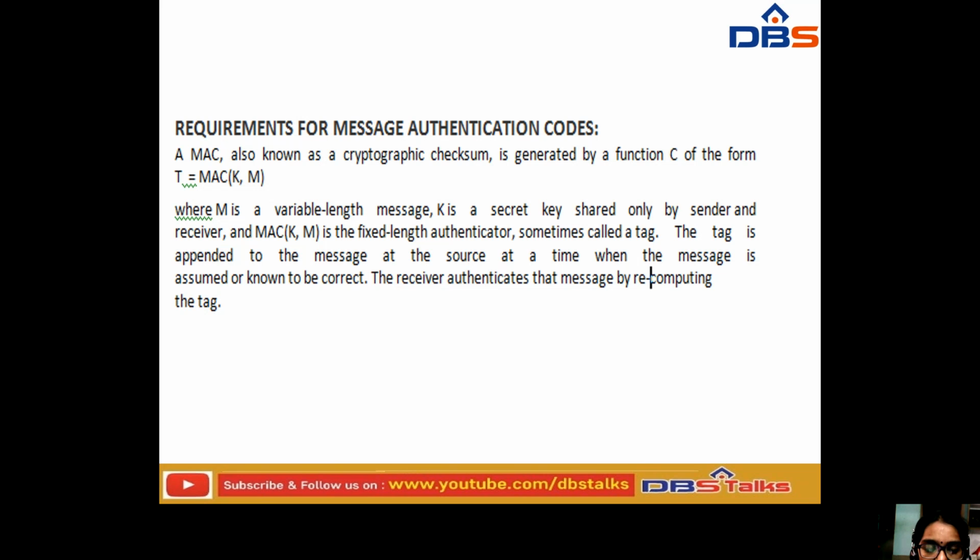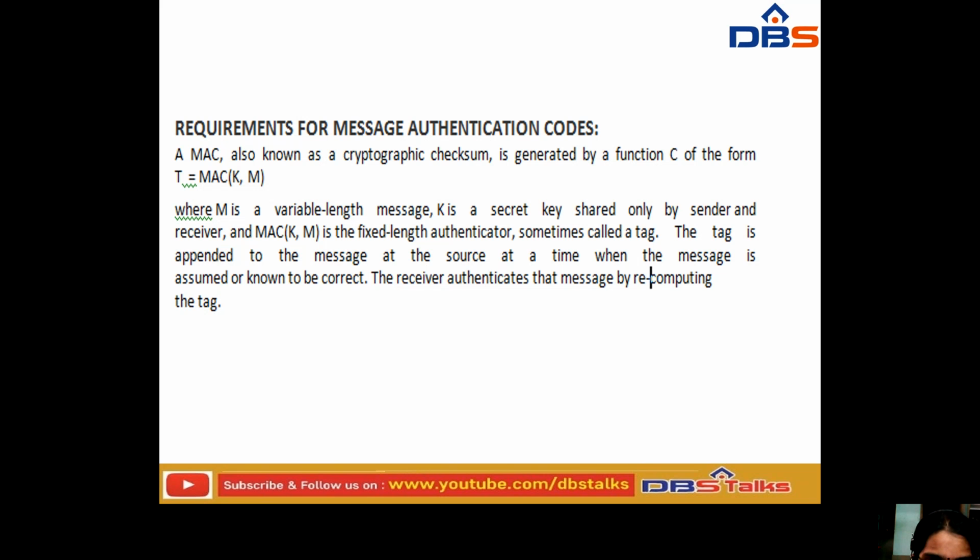Here M is the variable length message, and K is a secret key shared only by the sender and the receiver. MAC(K, M) is a fixed length authenticator, sometimes called a tag. We can represent it with T, so we can say it is a tag.